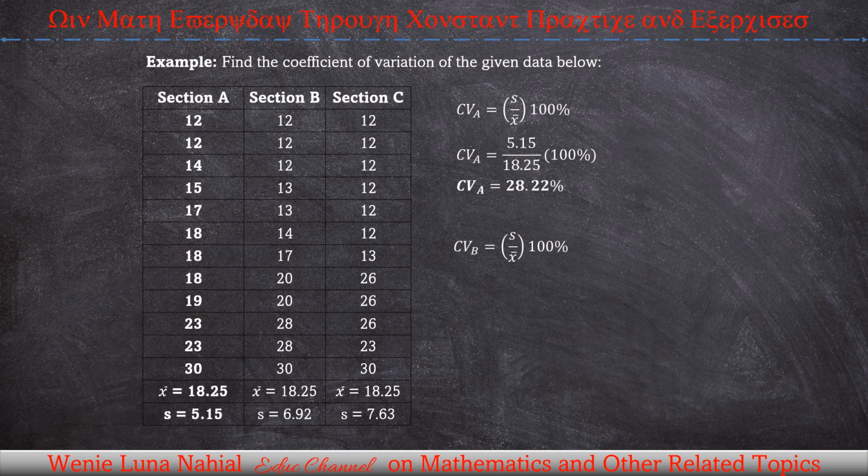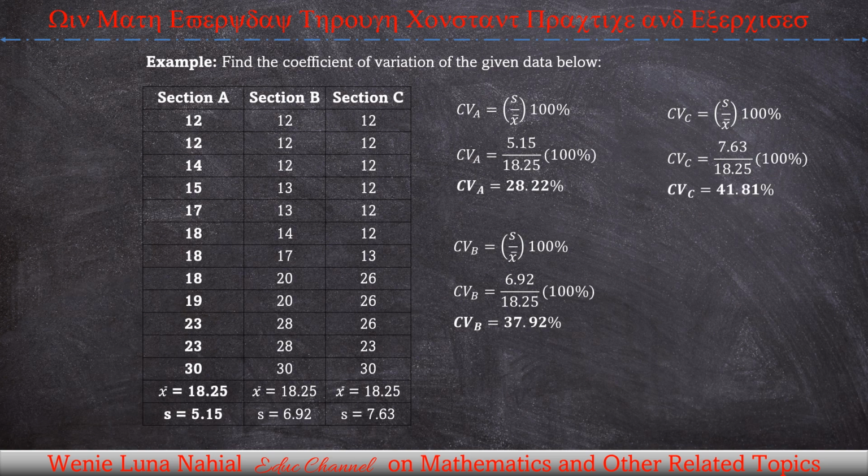Then for section B, you have 6.92, the standard deviation, divided by 18.25, you get 37.92%. And for section C, you have 7.63, the standard deviation, then divided by the mean, 18.25 times 100%, you get 41.81%.